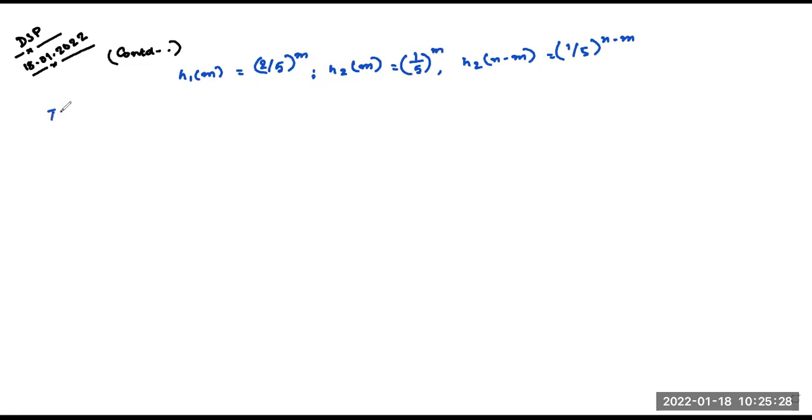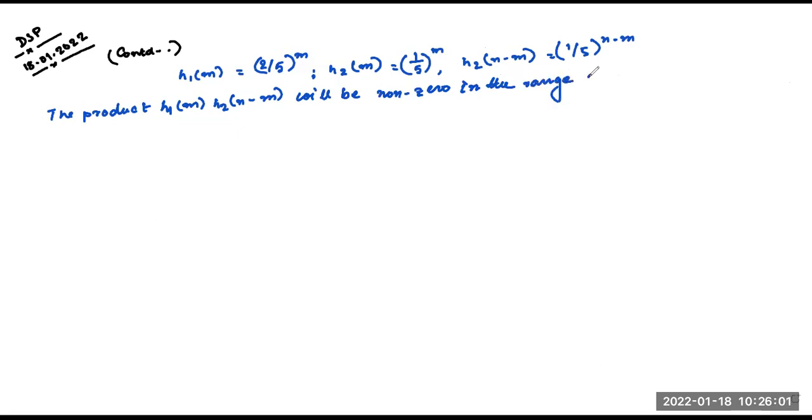So the product h1[m] and h2[n minus m] will be non-zero when it is in the range of 0 to m lies in between n, because it has been multiplied by u[n].